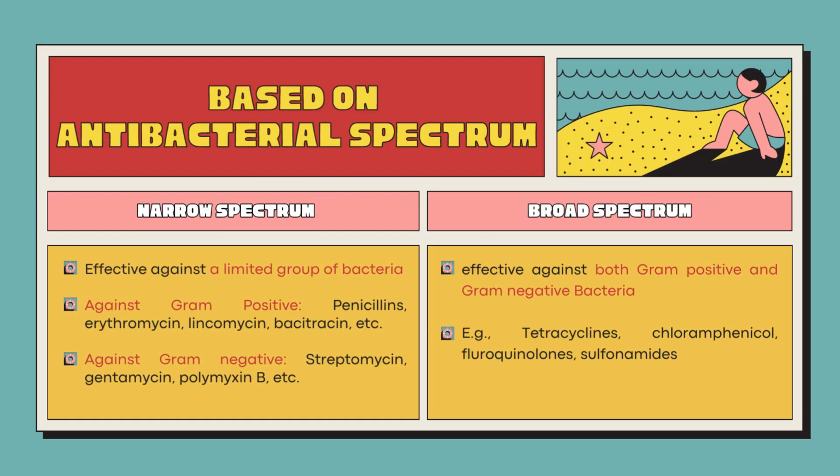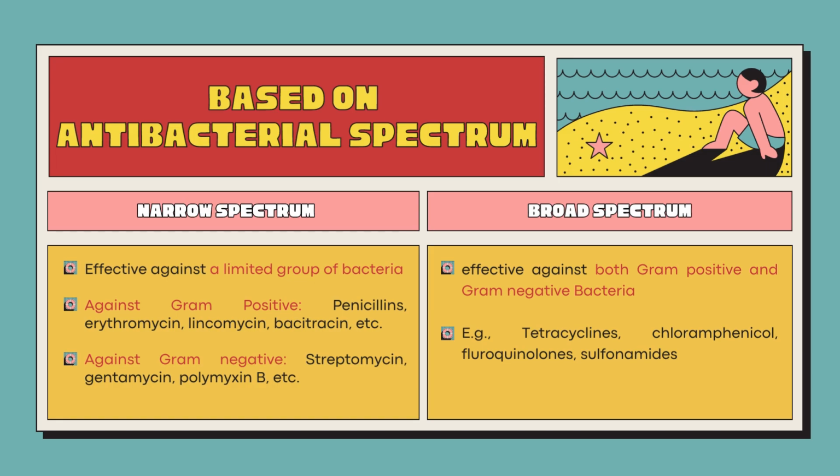Meanwhile, based on antibacterial spectrum, they are further categorized into two: the narrow spectrum and the broad spectrum. Narrow spectrum agents are antimicrobial agents that are effective against a limited group of bacteria. Examples against gram-positive bacteria include penicillins, erythromycin, lincomycin, bacitracin, and more.